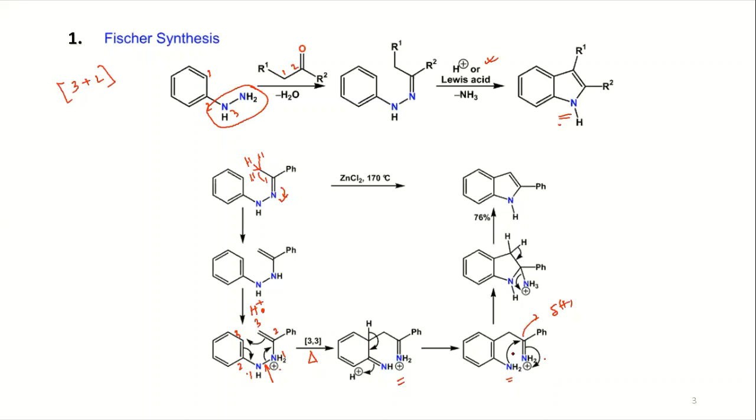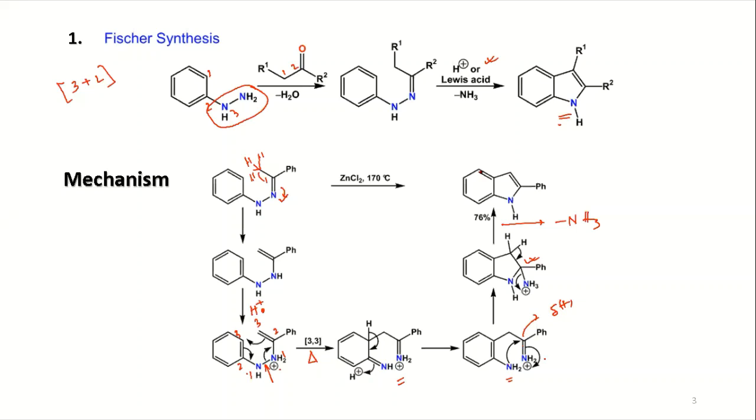So nitrogen will prefer to attack the carbon, and you have 5-membered ring construction. And after that, you have elimination of NH3 and this double bond formation. So it is happening via 3,3 sigmatropic rearrangement. This reaction, Fischer synthesis, is very important.